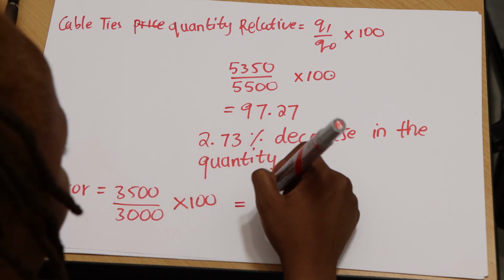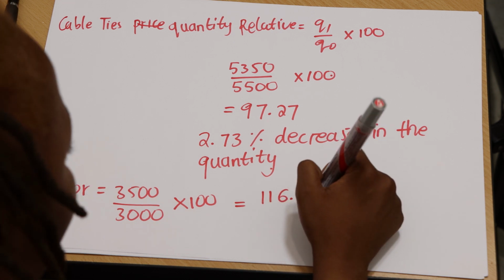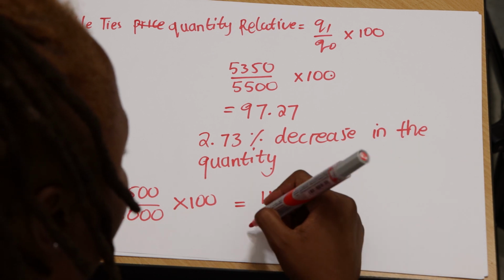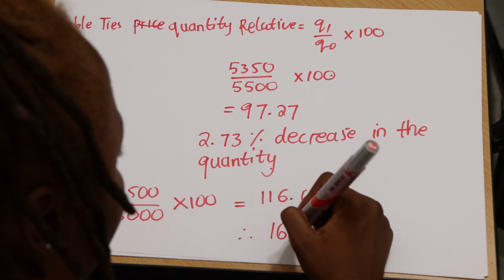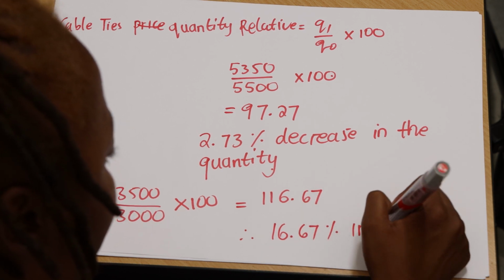Then that gives 106.67. So 106.67 is greater than 100. So that means that there's a 6.67% increase in the quantity of mirrors.